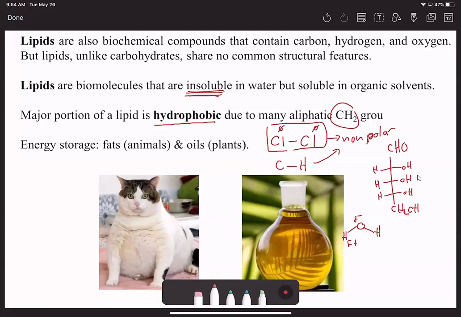In order for water to form hydrogen bonds, it has to be attracted to something partially negative or partially positive. But if it's nonpolar, the water's not going to be attracted to that. And that's what happens with these carbon-hydrogen bonds.